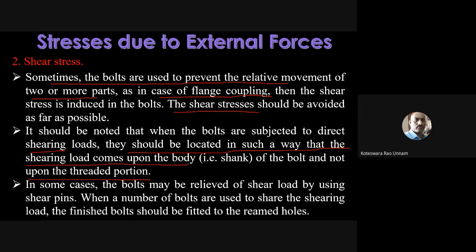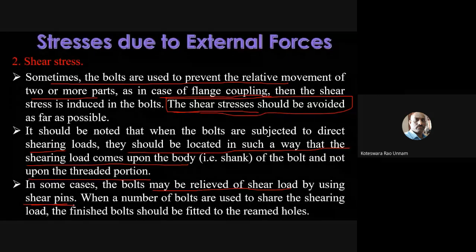In some cases, the bolt may be relieved of shear load by using shear pins. Our intention is to avoid the shear stress in a bolted connection. So one way of avoiding the shear load on the bolted connection is by using shear pins. If you use shear pins, it will relieve the bolt from the shear stress or shear load.